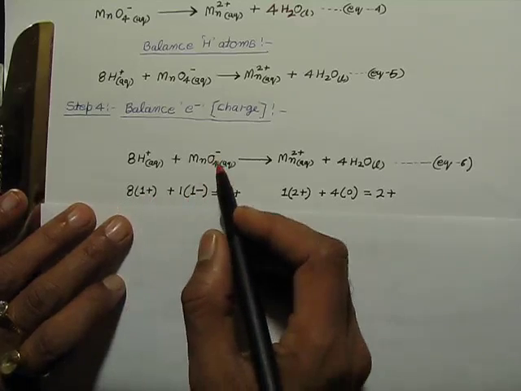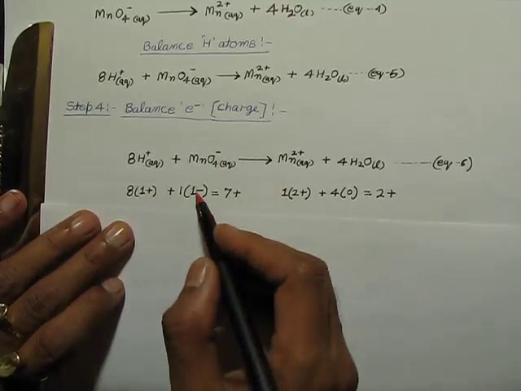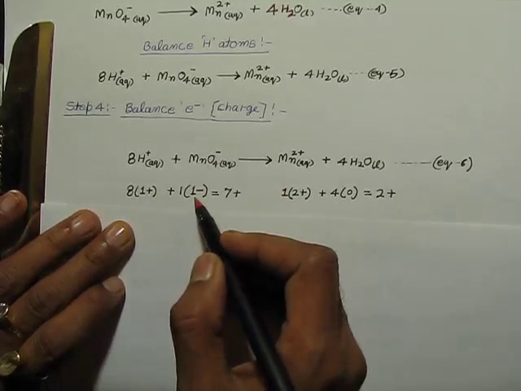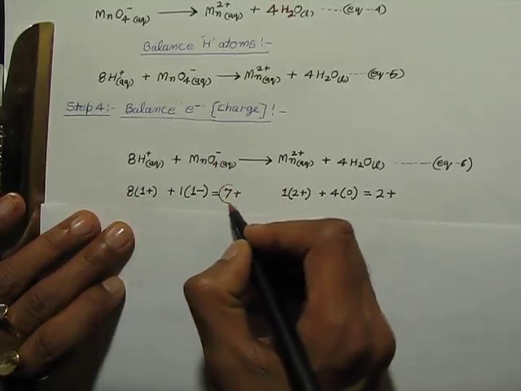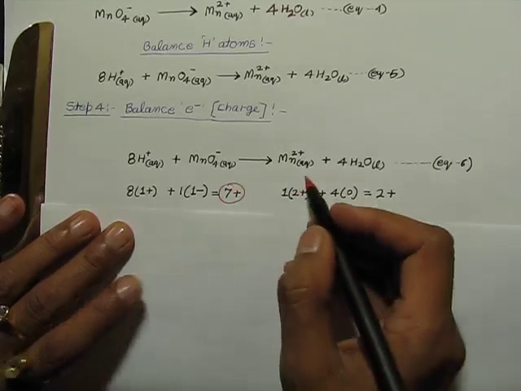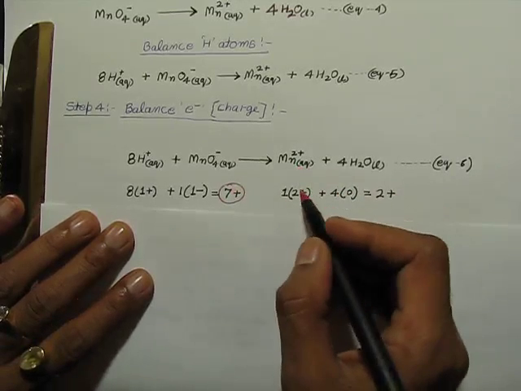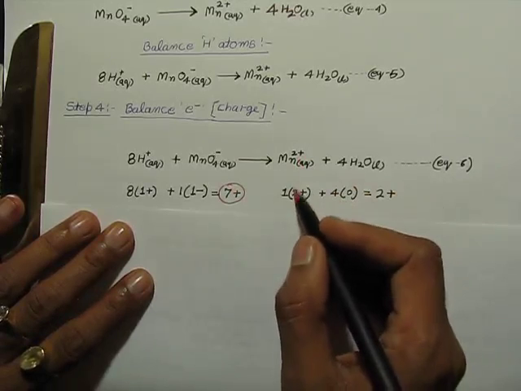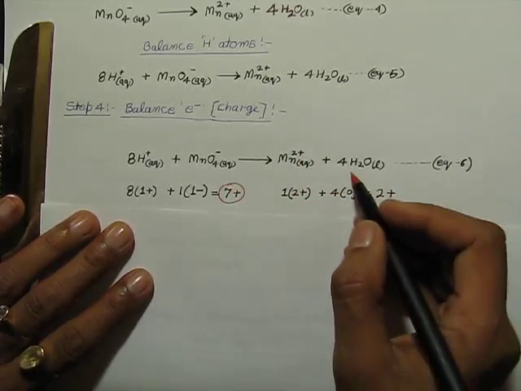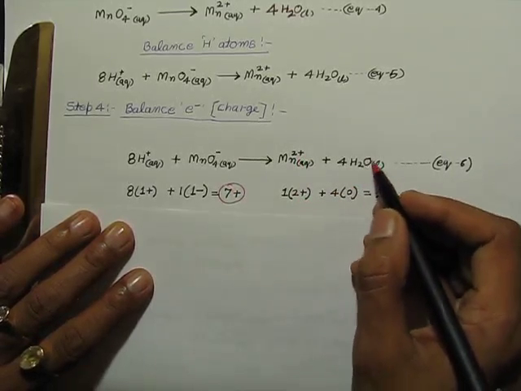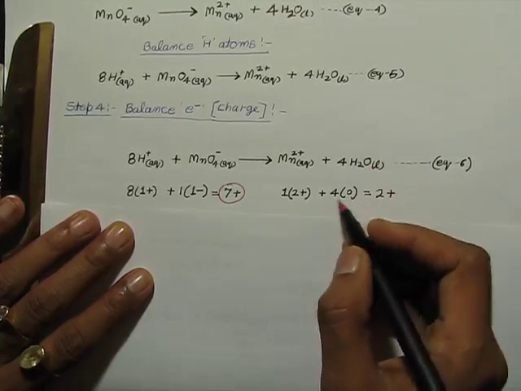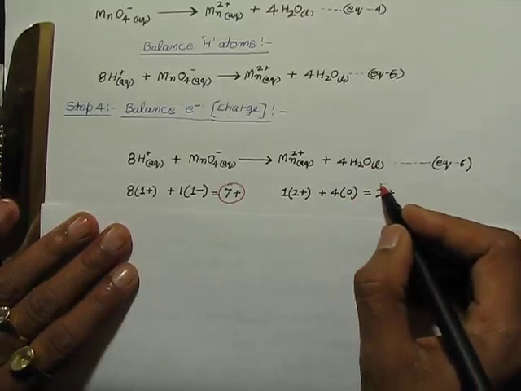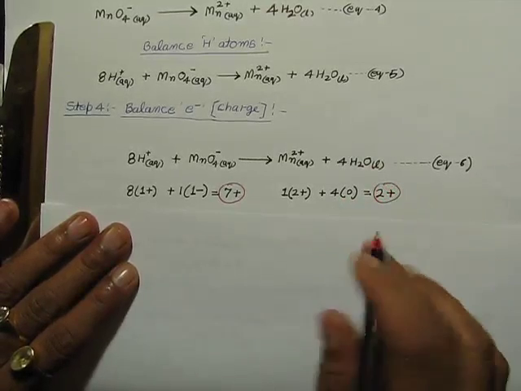And the number of negative charges is 1 due to this ion, and in total if you add, you will get +7 here. And on the product side, the total positive charge on manganese is 2+, and the total charge on the water molecule is 0. Basically it's neutral, so the total positive charge will be +2.